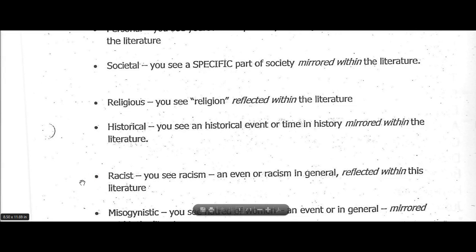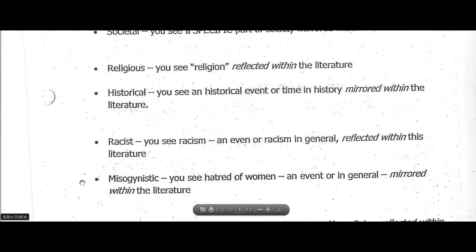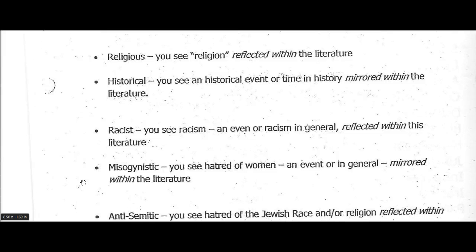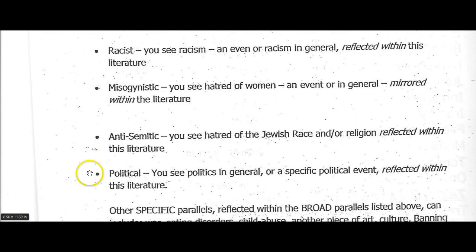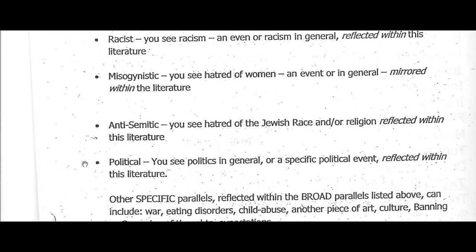You see racism in general reflected within the literature. And misogynistic, you see the hatred of women, an event of a hatred of women or women in general within the literature. Anti-Semitic, you see hatred of the Jewish race and or the Jewish religion reflected within this literature. Political, you see politics in general or a specific political event reflected within this literature.